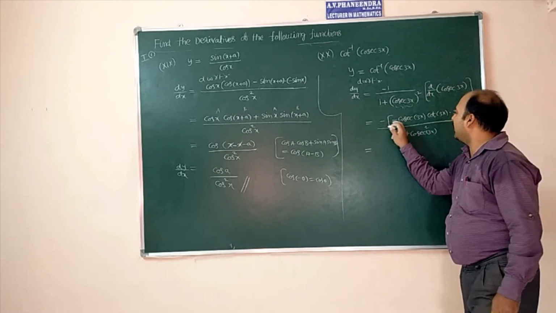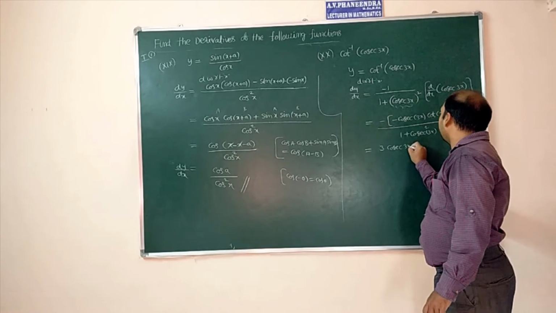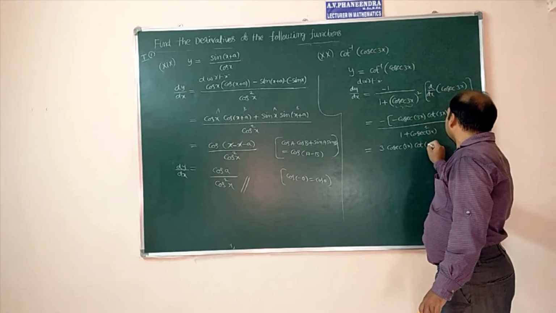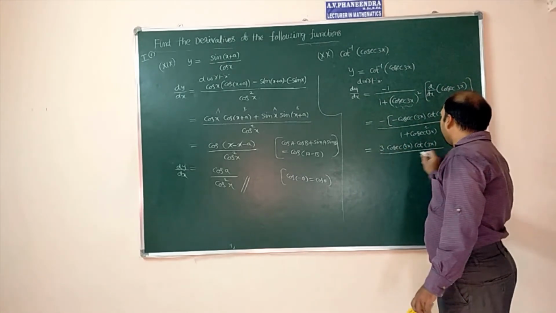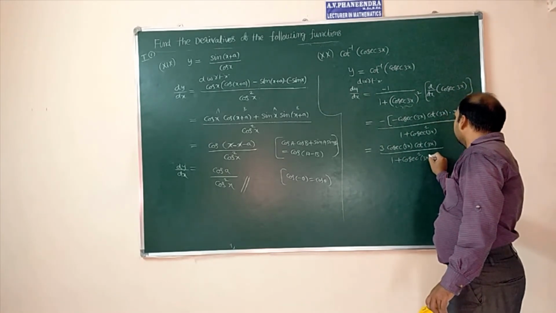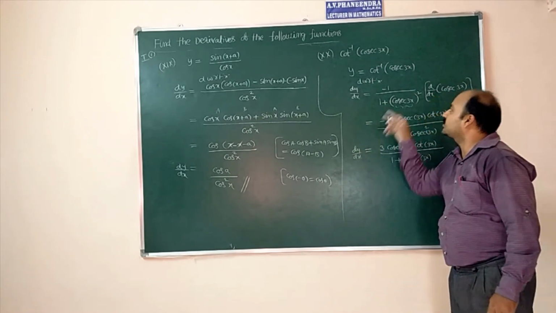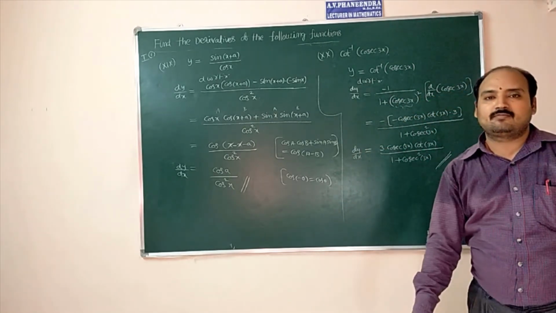That is equal to minus 3 into cosecant 3x into cot 3x whole divided by 1 plus cosecant square 3x. This is the value of dy by dx for the given function.